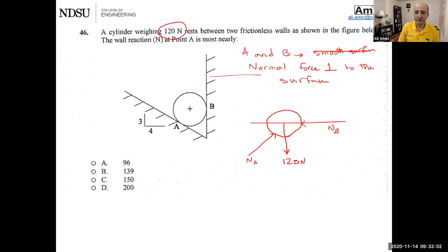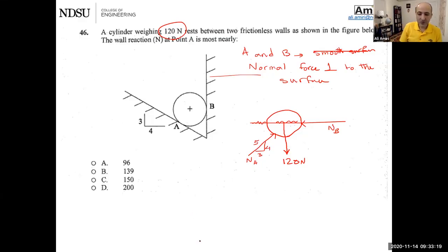Okay. So yeah, ignore this part of it. All right. NA, it is 3, 4. This one is perpendicular to that, so it's going to be 3, 4. It's going to get switched.